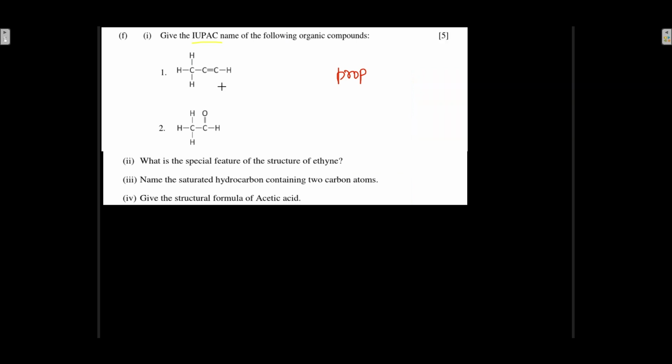It is at the first position, but there are no substituents, so it doesn't matter. So this will be propyne, or you can write prop-1-yne, YNE for triple bond.